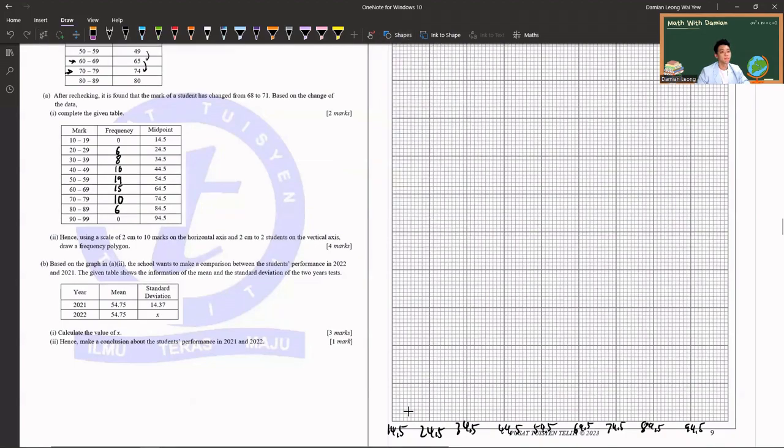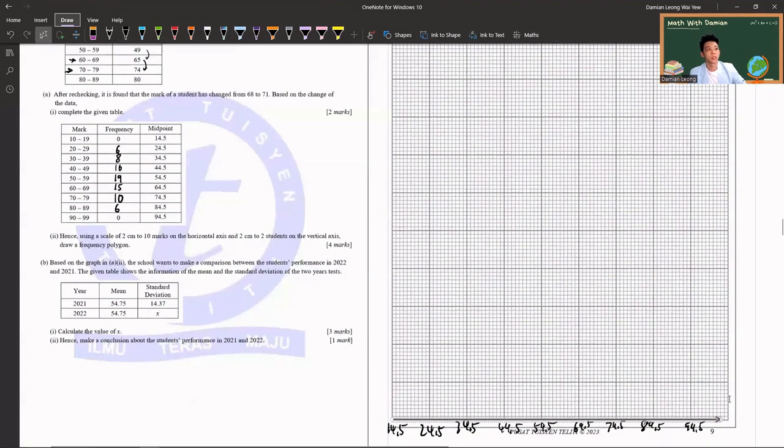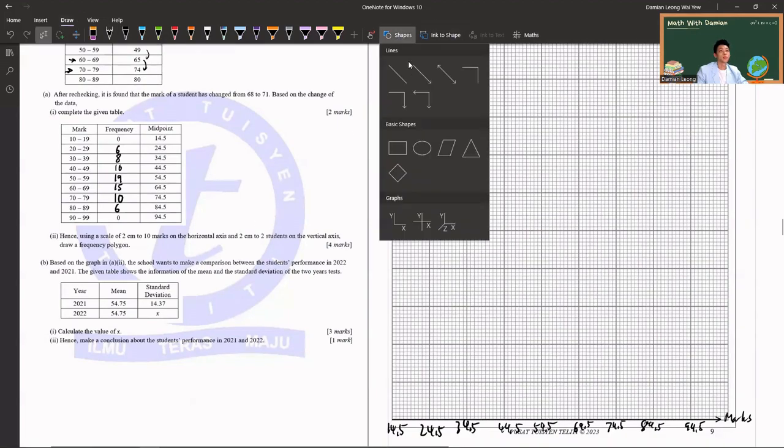Follow the frequency. For the vertical axis, each box is 2 cm to 2 students, means each box is 2.